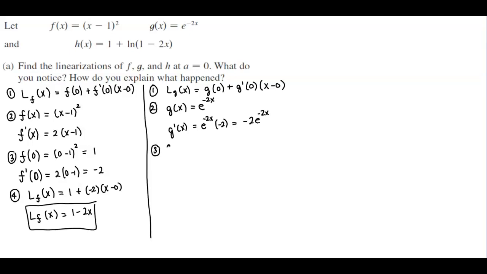Now we want to find g of 0. Well, that's e to the negative 2 times 0, and e to the 0 is going to equal 1. g prime of 0 is going to equal negative 2 times e to the negative 2 times 0, which is equal to negative 2 times 1, which is equal to negative 2.